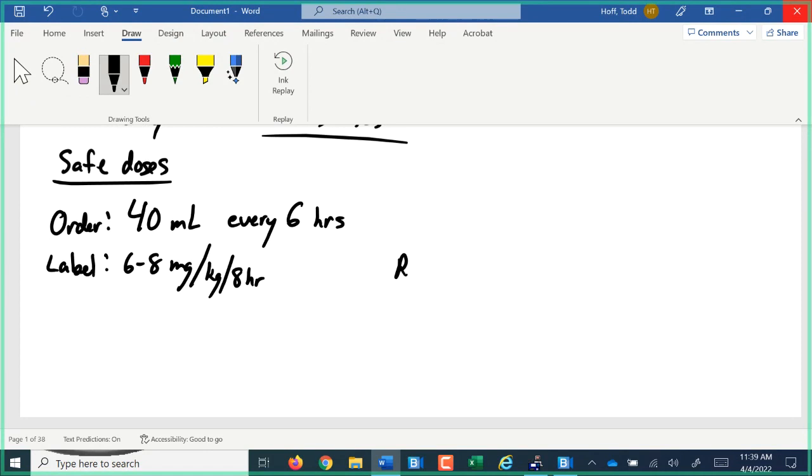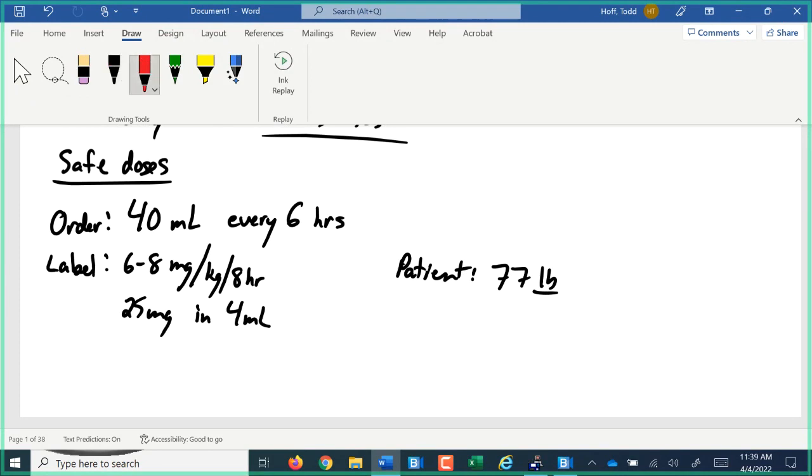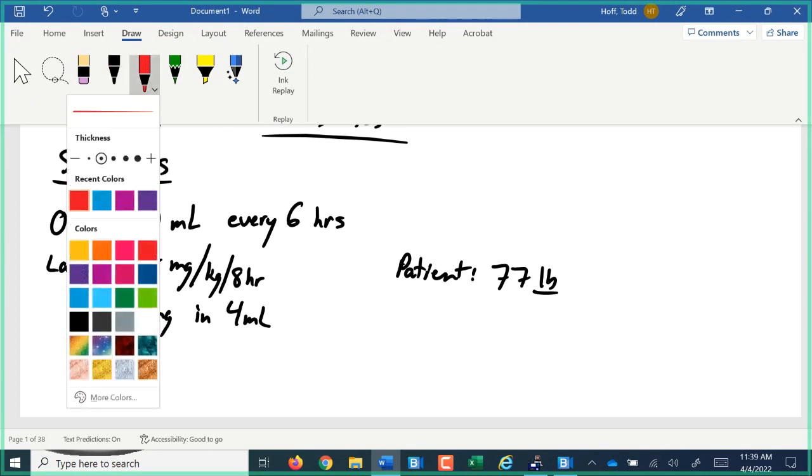And we have a patient who is 77 pounds. And also on the label, it is concentrated at 25 milligrams in 4 milliliters. So, again, this is going to be a dosage based on weight.